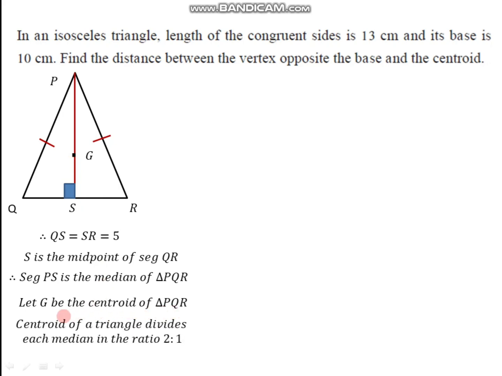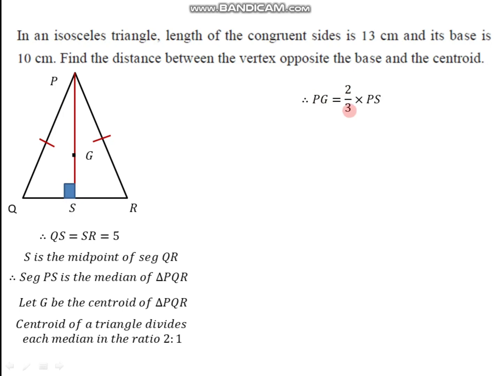Also we know one property of the centroid of a triangle, that is, the centroid of a triangle divides each median in the ratio 2:1. As G is the centroid and PS is a median, point G must divide segment PS in the ratio 2:1. That means PG must be 2/3 of segment PS.